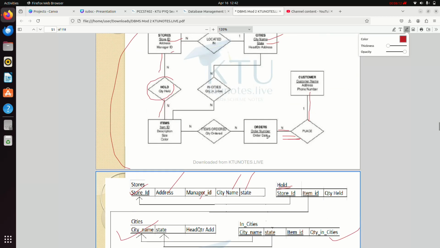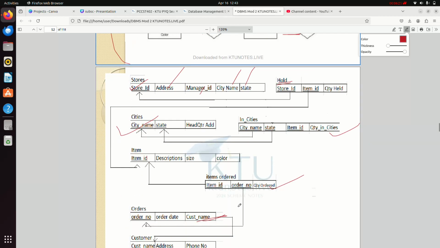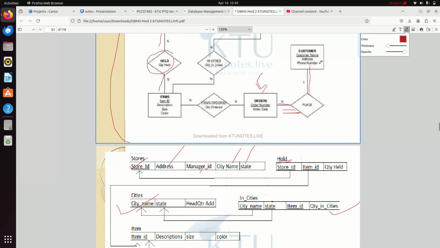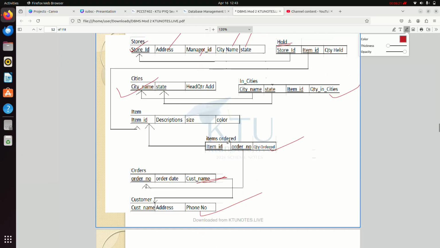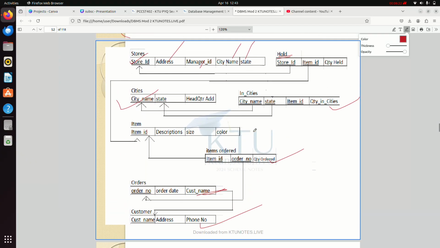Whatever is on the n side with total participation, that will be there. In that relationship we have to write the primary key of the customer. So you wrote this. Now customer would have customer name, address, and the phone number. See how we draw the schema. So I hope the schema is done. We will do some previous year questions to understand this better. Thank you.